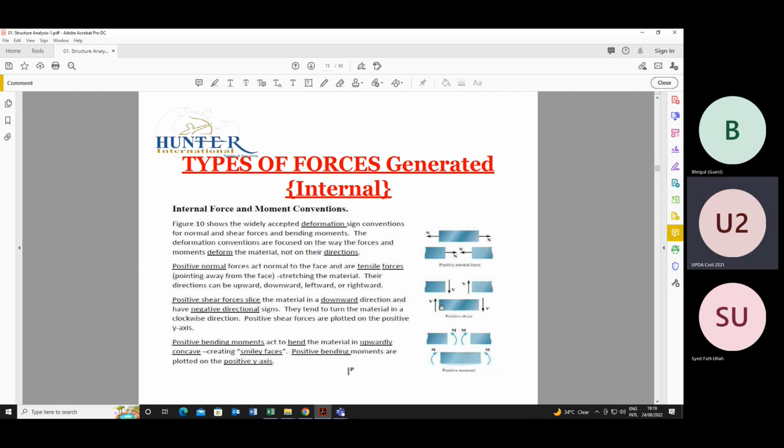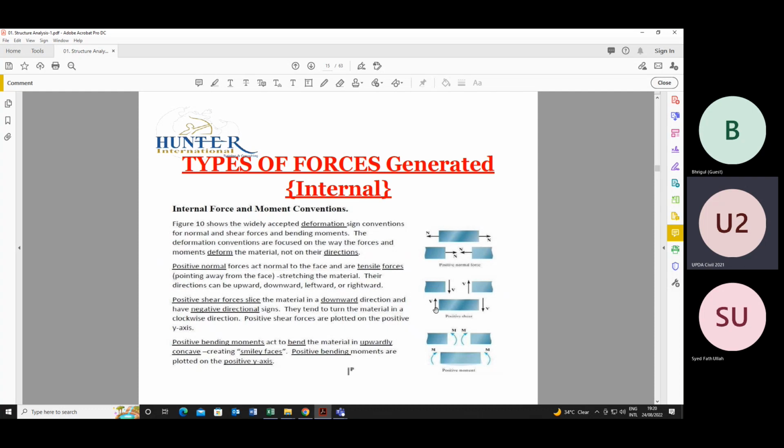If you see this member here, at this point the shear force is pointing upward. It will tend to turn the member in the clockwise direction, so this will be considered as positive.